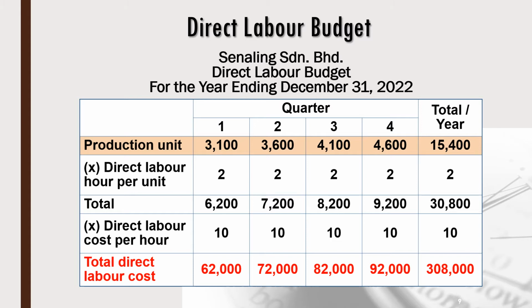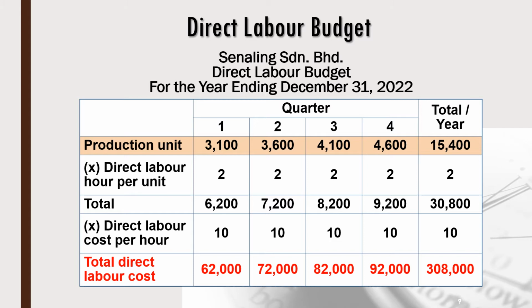Then multiply by direct labor cost per hour, that is RM10. So the total direct labor cost equals 62,000. Same goes to quarter 2, quarter 3, and quarter 4.